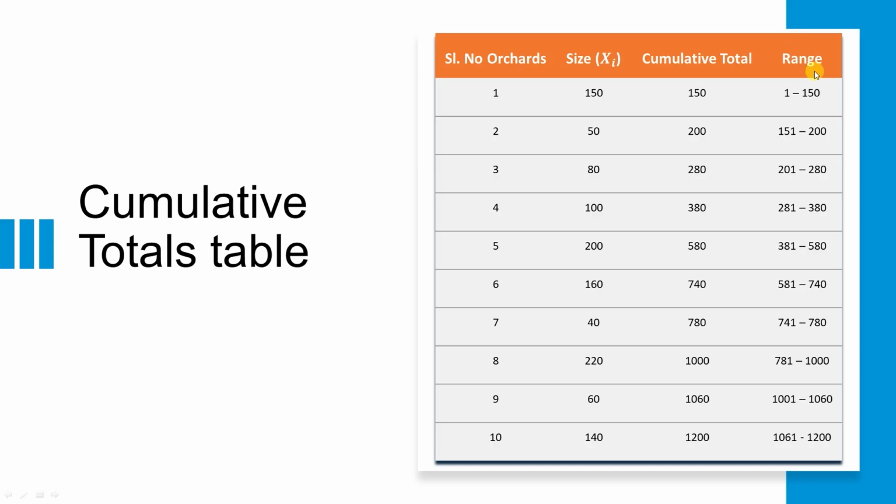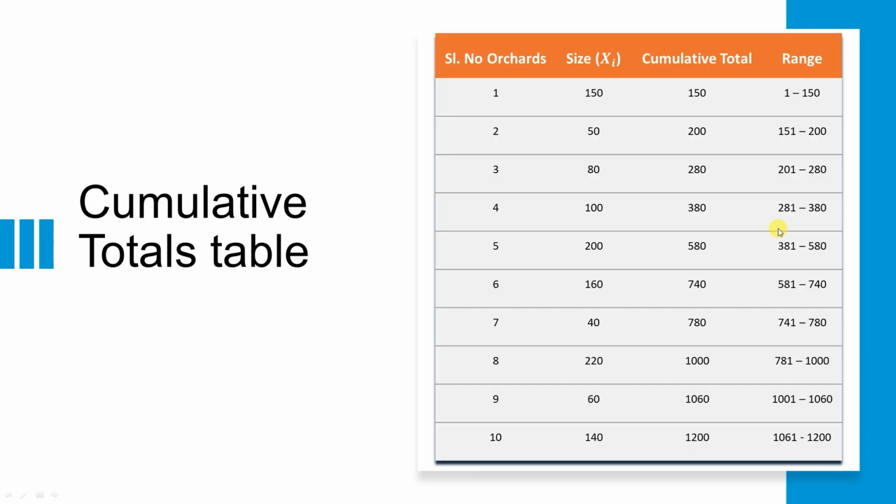Just for ease, I have considered the ranges of these cumulative totals: 1 to 150, then 151 to 200, then 201 to 280, and likewise. Now we generate a random number between 1 and summation xi. Suppose the generated random number is 710.